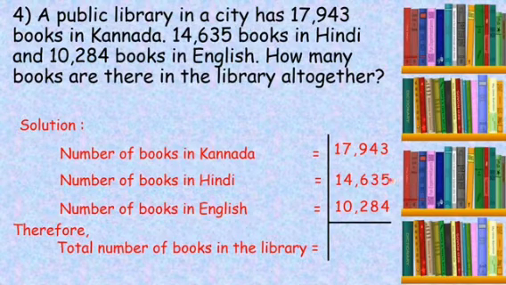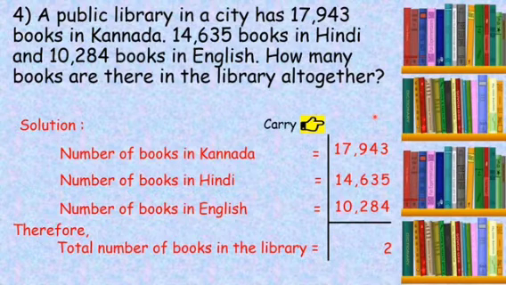Now 5 plus 4 is 9, 9 plus 3 is 12. 2 at the bottom, 1 gets carried over. Now 8 plus 4 is 12, plus 1 is 13, plus 3 is 16, 1 gets carried, 6 goes to the bottom. 9 plus 1 is 10, 16, 18. 8 at the bottom, 1 goes as a carryover.